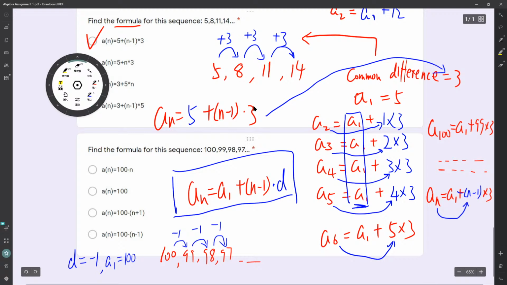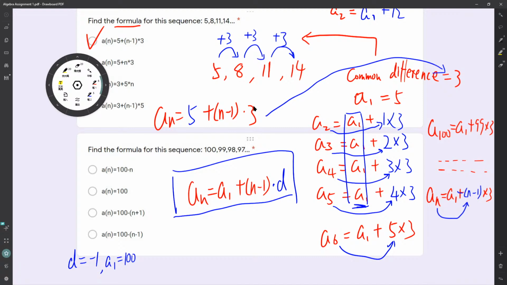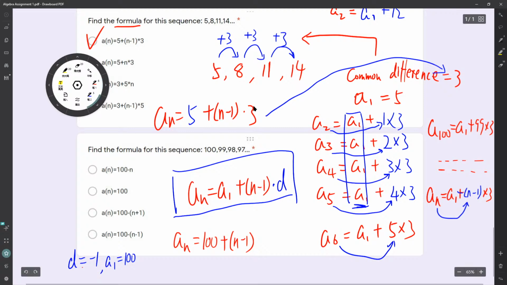Okay, once we have this, let's use our general formula. We can say, for this sequence, AN equals A1, our A1 is 100, plus n subtract 1, 1 less than n, then times D, the common difference, which is -1.